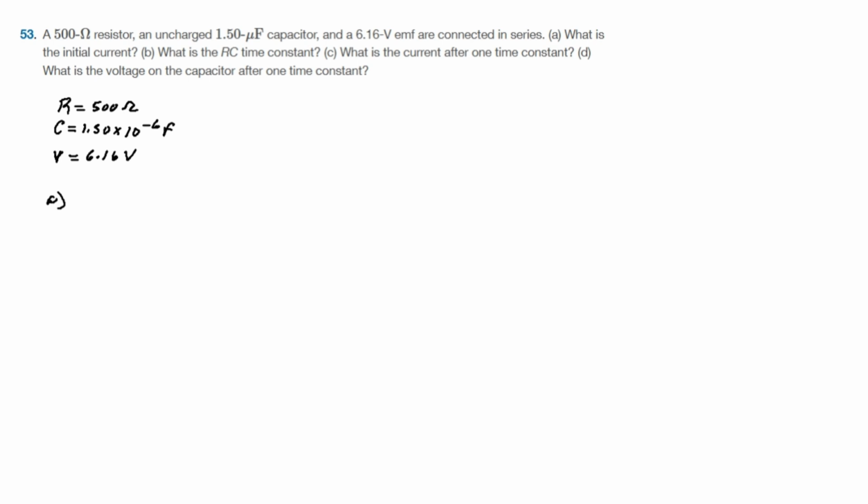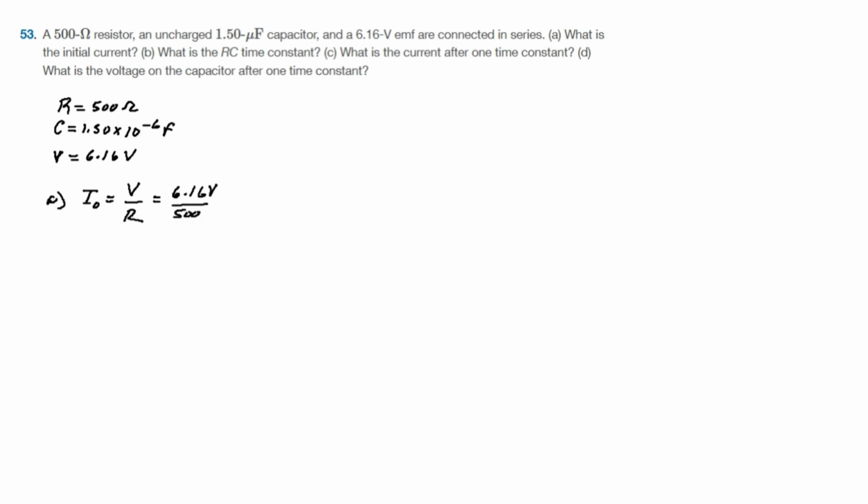The initial current, I sub 0, right, is equal to the voltage of the power source divided by the resistor, based on Ohm's law. So we are going to divide the 6.16 volts by 500 ohms.